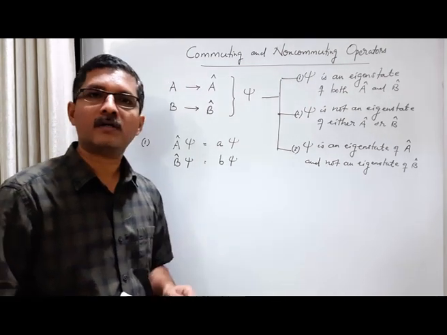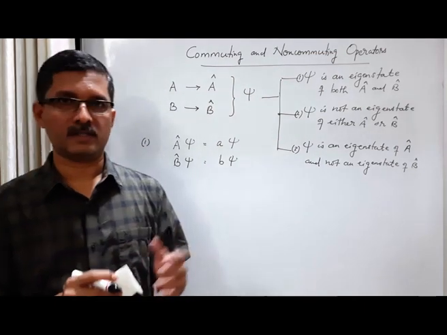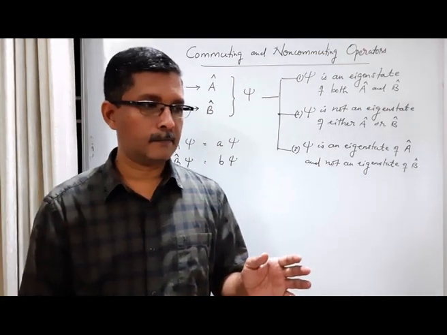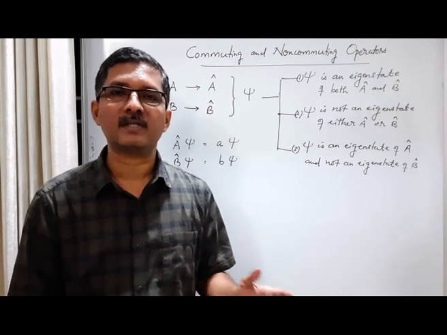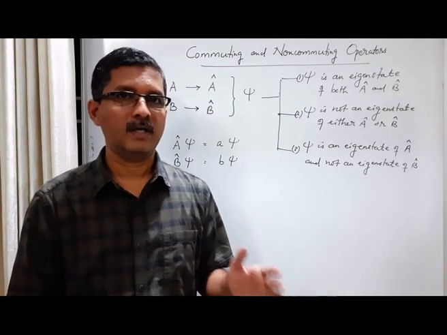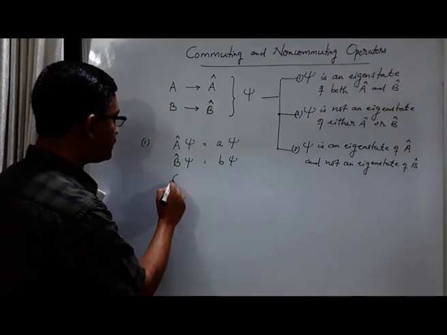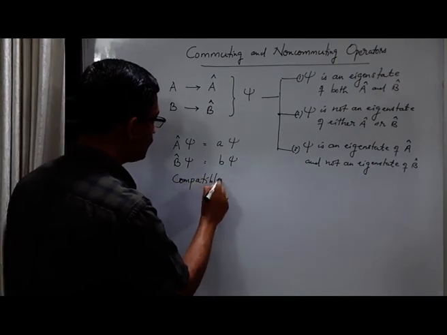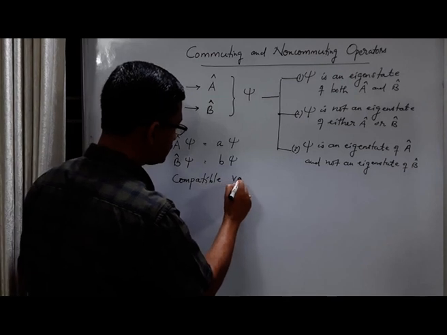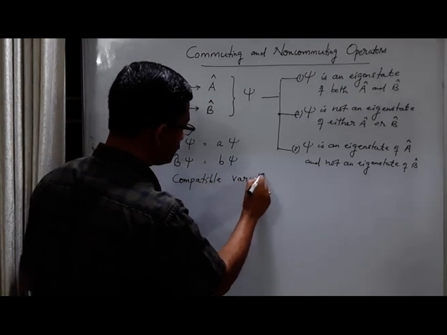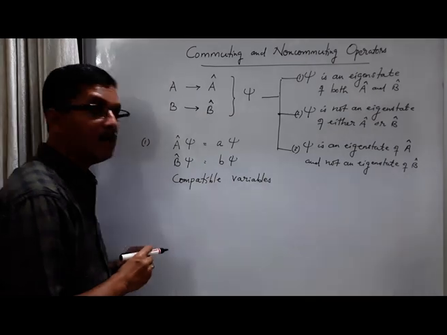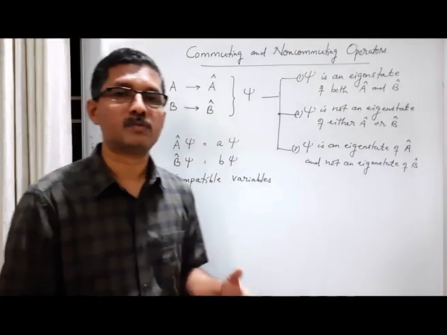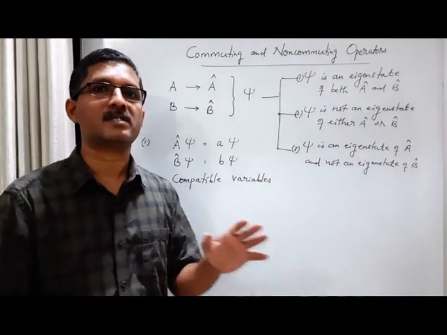Now such quantities, whose values are sharp in the same state, are called compatible quantities or compatible variables. We say that A and B are compatible variables. Why? Because both of them are sharp in the same state.